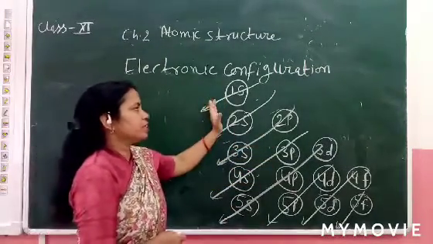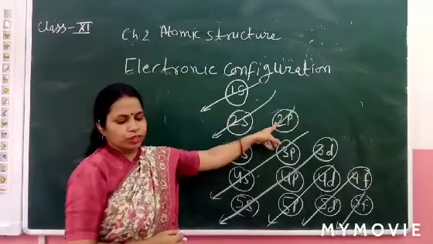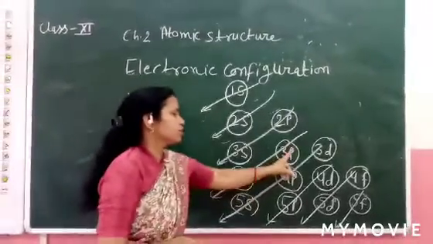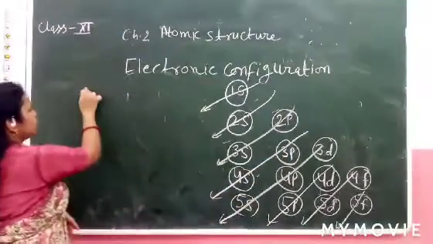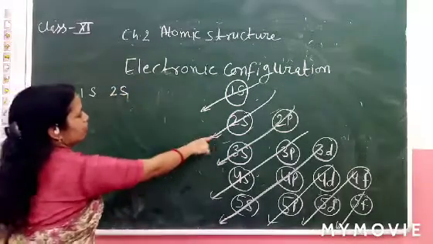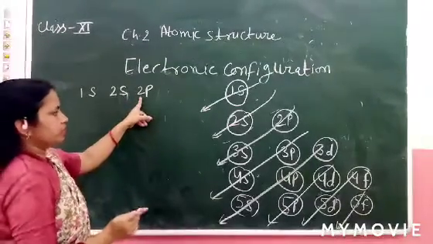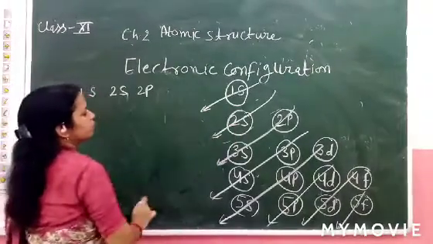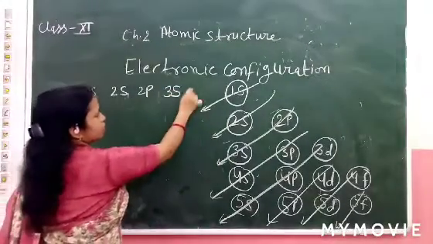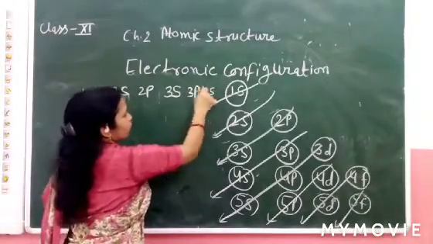So what is the order of this? 1s, then 2s, then 2p, then 3s, 3p, 4s, 3d. So what is the energy order of these orbitals? 1s, then 2s. After 2s you write 2p, since the principal quantum number is the same. Then 3s, after 3s, 3p, then 4s.